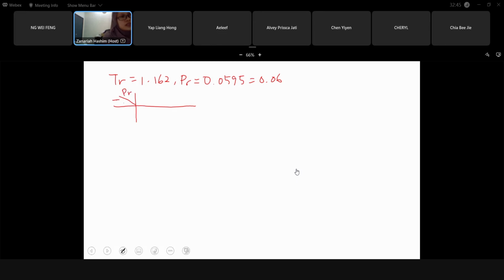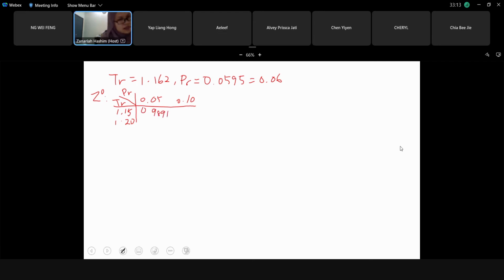So PR dia dekat sini. So your PR is in between 0.05 and 0.1. And then your TR is in between 1.15 to 1.20. Okay. So you need to find the, okay, this is for Z0. So you tulislah dekat sini apa value dia.